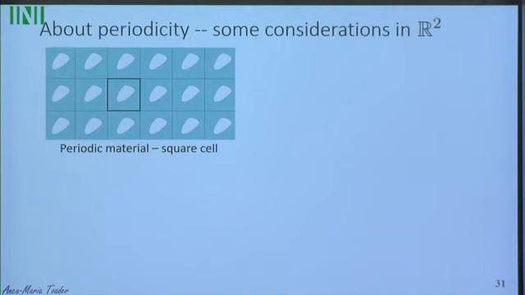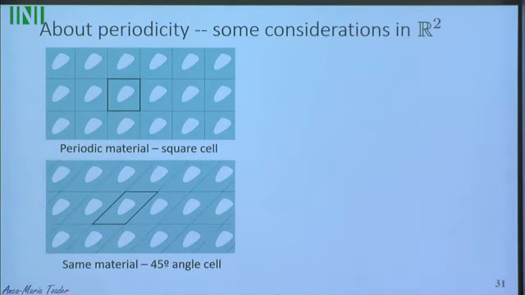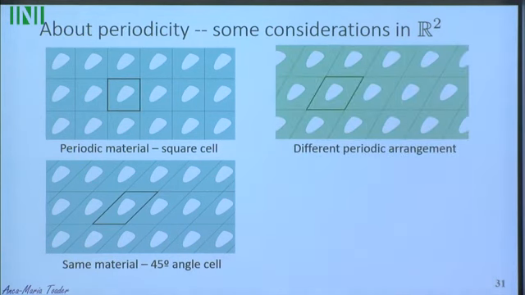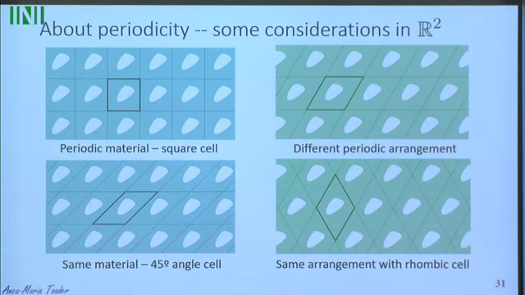So about the periodicity, here is a periodic material and a square cell, but here we have the same material but with another cell. You see? Here is a 45 degrees angle cell. And here is another arrangement with this periodicity cell. And here we have the same arrangement in green with another periodicity cell, which is a rhombic cell.